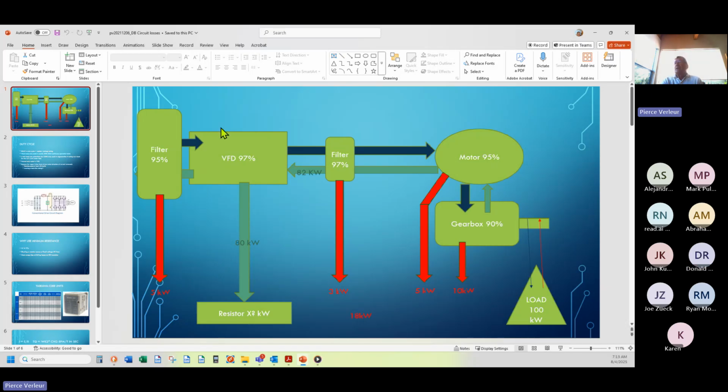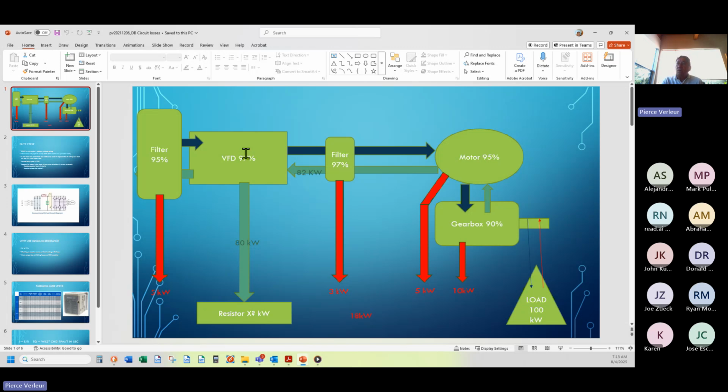And I think you all remember that this front end of the VFD is a diode bridge for standard VFDs. I'm not talking about regen VFDs here. That diode bridge is a one-way valve. It allows power to flow from left to right, from the line through the drive to the motor.